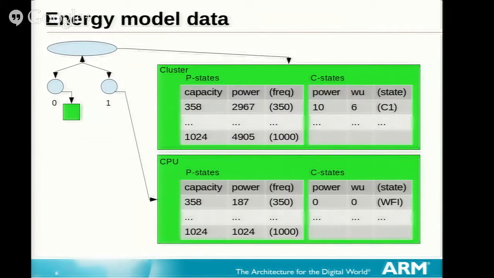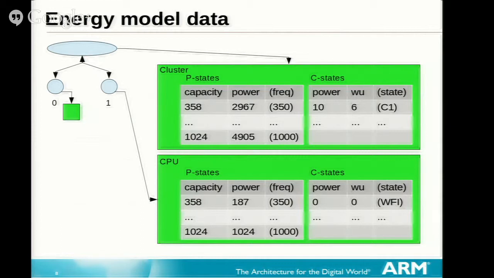So this is an example of the data we put into the tables for TC2. At CPU level, because on TC2 we have cluster level frequencies, all the CPUs will share the same frequency in the cluster. But per CPU we only have WFI, whereas on cluster level we have cluster shutdown.